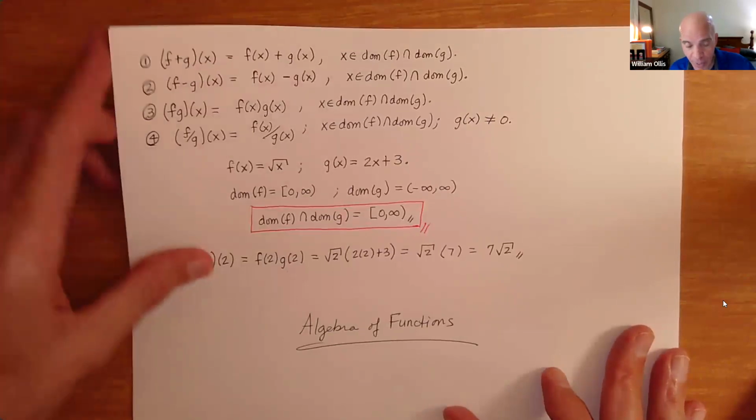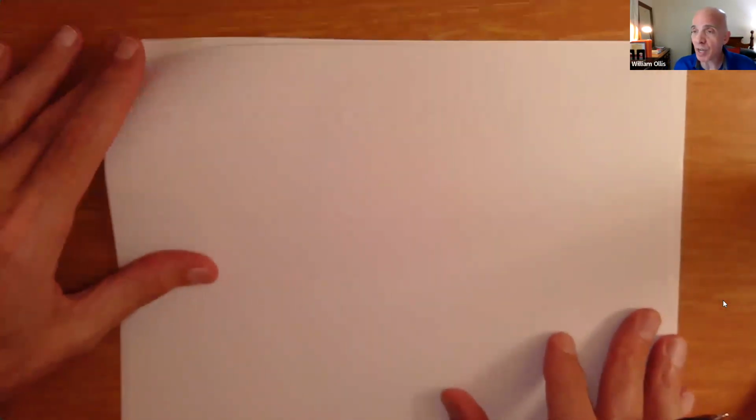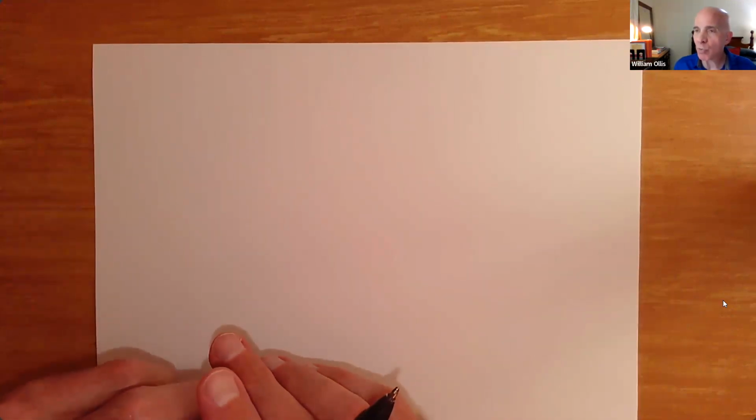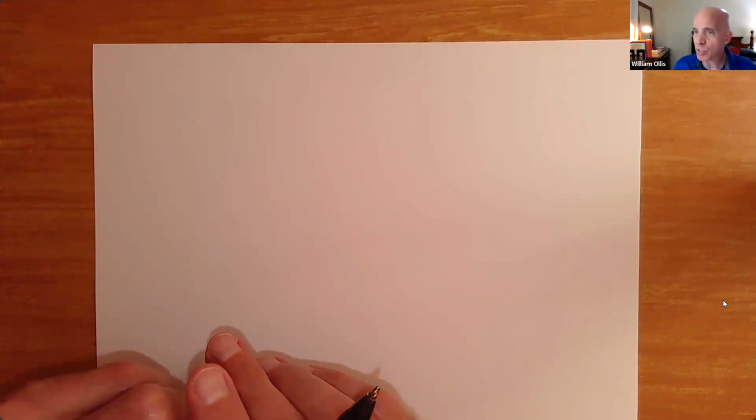Okay. Now, I want to give you another property having to do with the concept of even and odd functions. Again, when we study the trigonometric functions, we will find an even greater use of even and odd. But before we get to those, we need to know what they are.